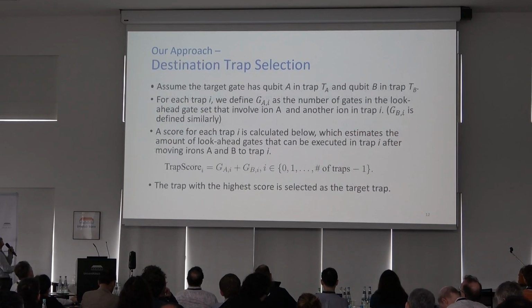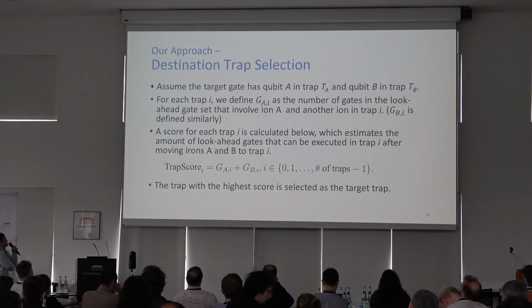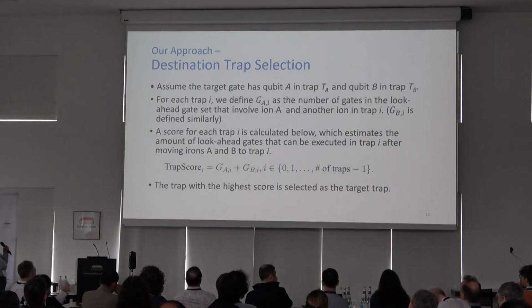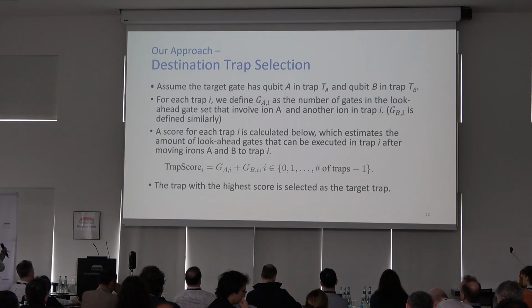And now let's assume the target gate has qubit A in trap TA and qubit B in trap TB. For each trap i, we define GAi as the number of gates in the look-ahead gate set that involve ion A and another ion in trap i. And similarly, we can define GBi.